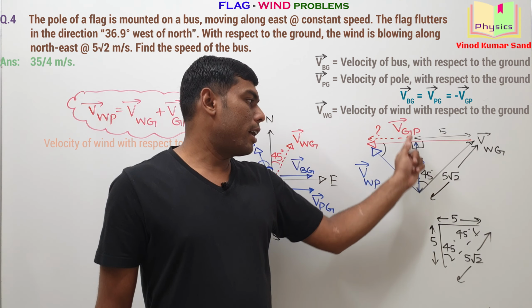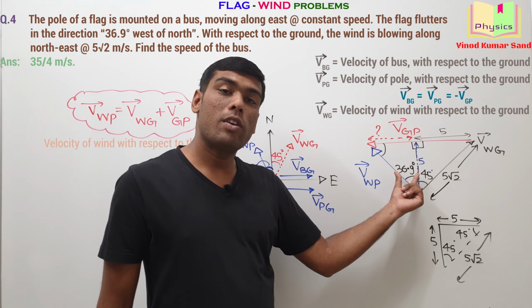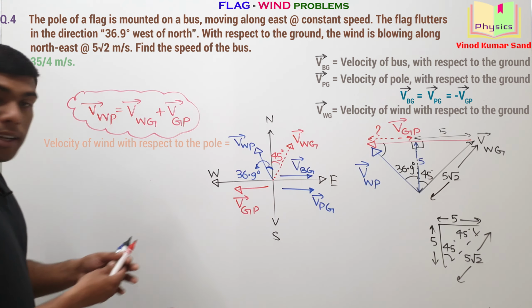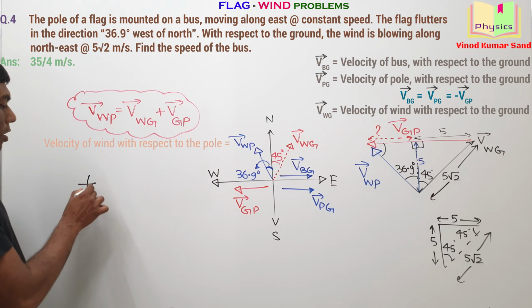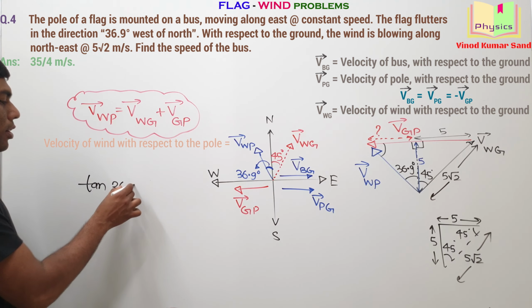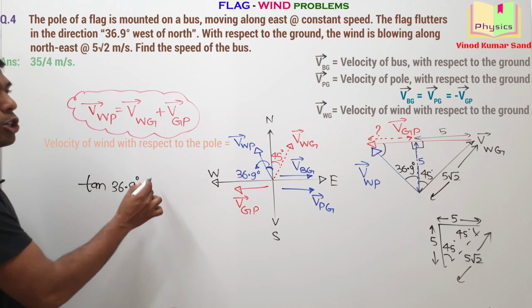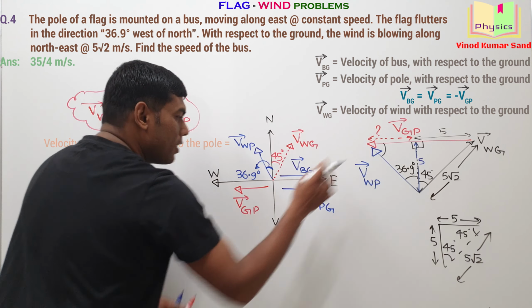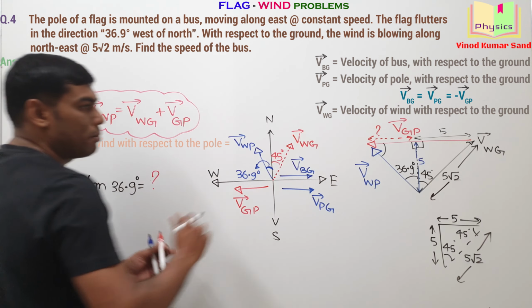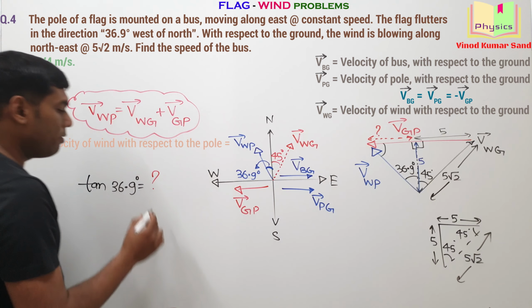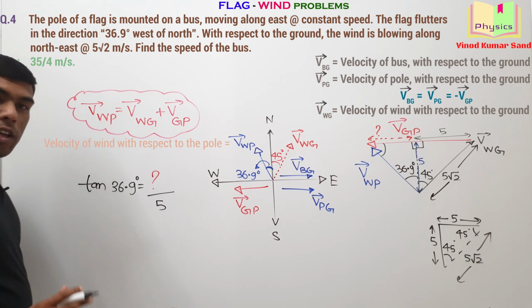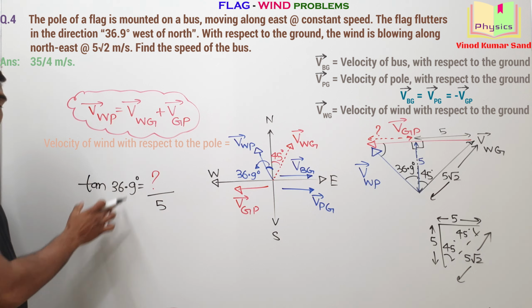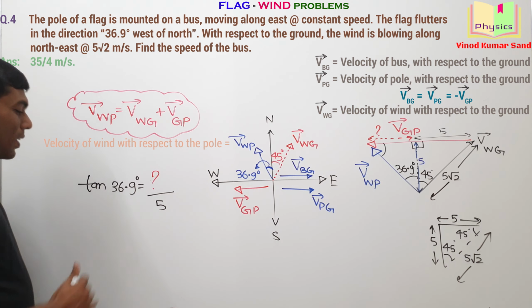Can we take up the tan of this angle? I am writing the data here. Tan of 36.9 degree should be equal to what? This unknown length, I am talking about this triangle, divided by 5. I hope you agree. How much is this data? If you remember, it is 3 by 4.